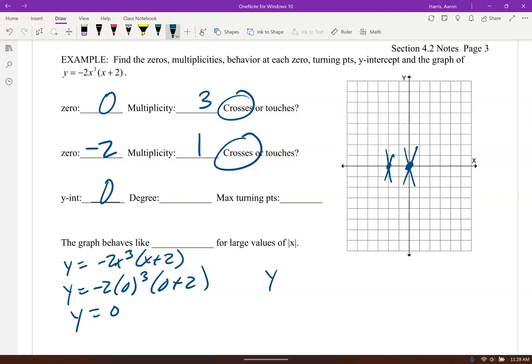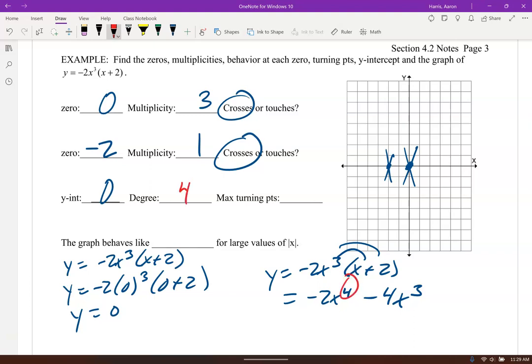The degree here, if we were to multiply this out, we would get -2x to the fourth minus 4x cubed. So the degree is 4. It's a fourth degree, which means at most there's 3 turning points. And then it behaves like the power function -2x to the fourth for large values of x.